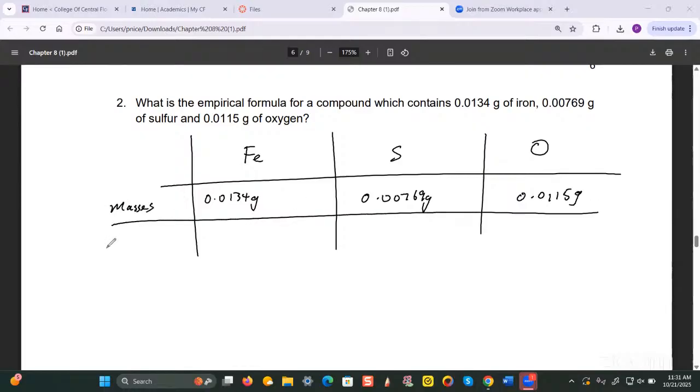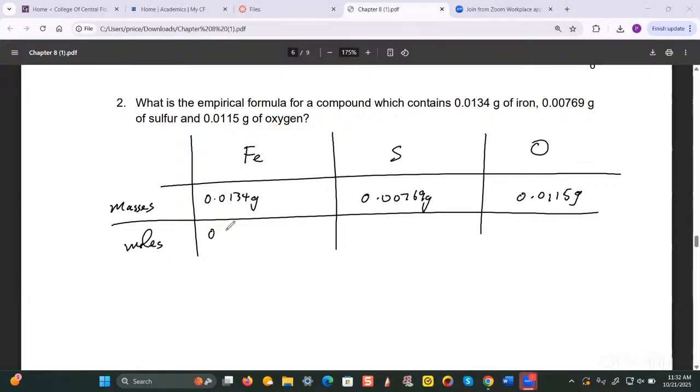Okay, so based on what we did before, what would be the next step? Anybody? You can look at the previous example to help guide you. Moles, all right? So how do we get the moles in each case? Let's start off with the iron.